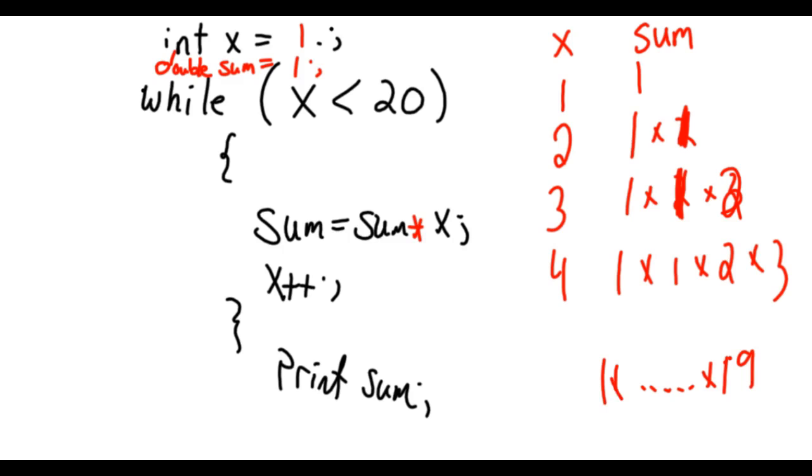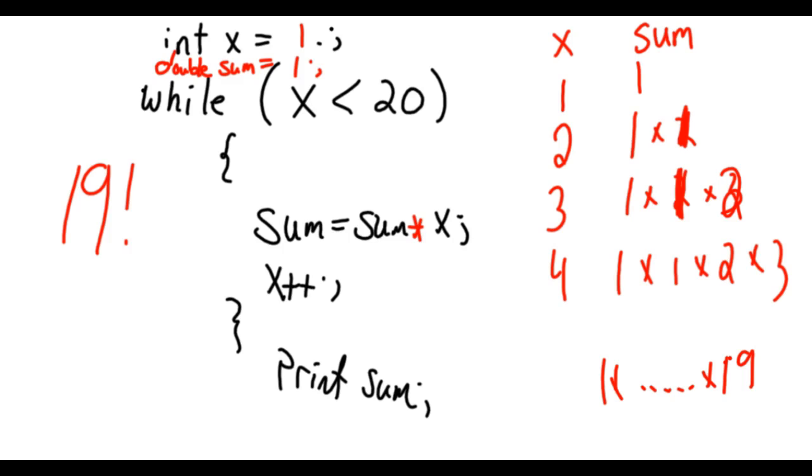So it's 1 times all the digits all the way up to 19. 1 times 2 times 3 times 4 times 5, which in essence is 19 factorial with 1 glitch. And it's technically not that big of a glitch. You could very easily explain this as 19 factorial.